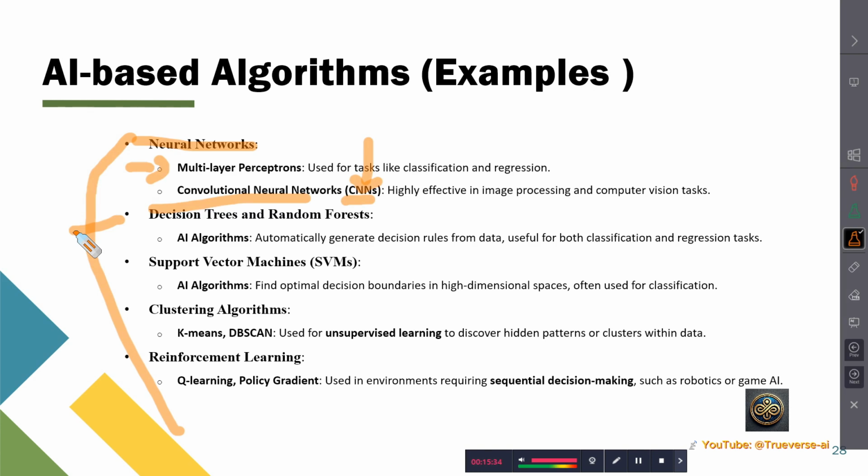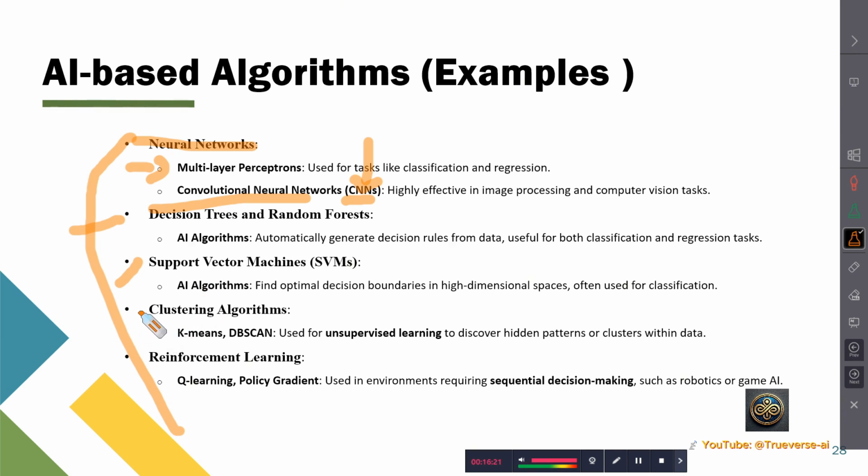And SVM tries to find a decision boundary in high-dimensional space, which makes it effective for classification tasks. Usually SVM is used for text categorization, face detection, bioinformatics. It is very powerful for datasets with a clear separation between classes, but can struggle with very large datasets due to computational complexity. We will see more about SVM later.